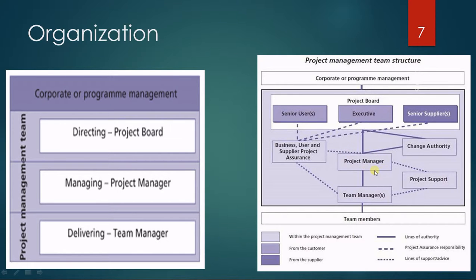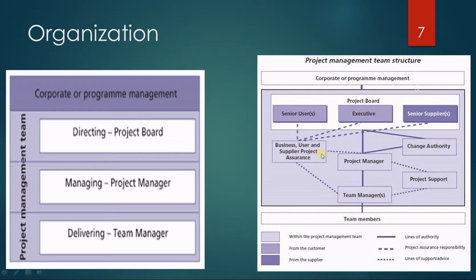And then beneath the project manager there are a team manager or some team managers. It's not a mandatory role that you have a team manager, or maybe the role could be fulfilled by the project manager if you don't have a lot of teams under the project manager. And then under the team manager there's the team members.